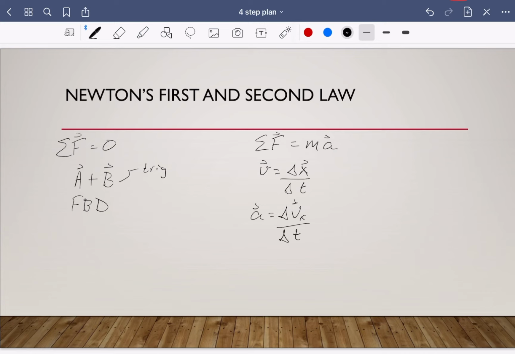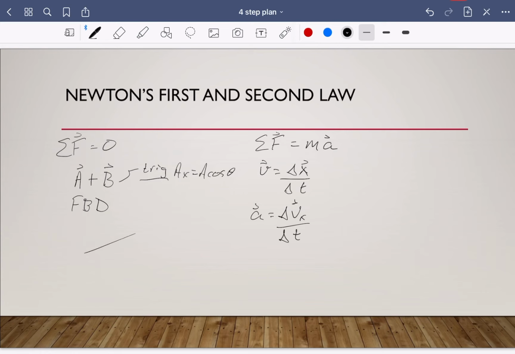So the ideas that are used for both of these concepts are vector addition, so this guy, and trigonometry, and oftentimes we might say something like ax equals a cosine theta, and free body diagram.